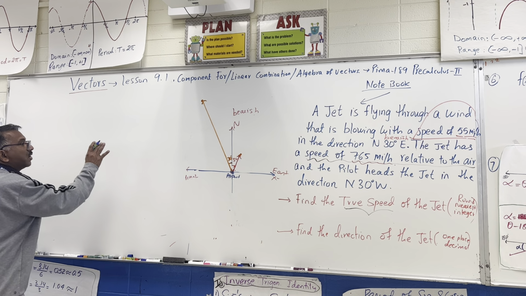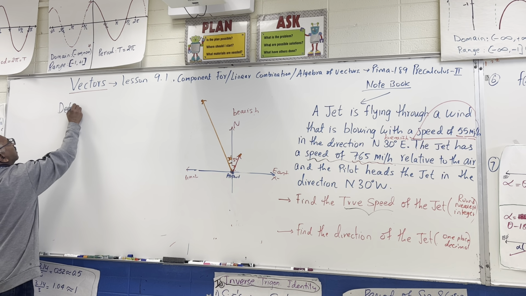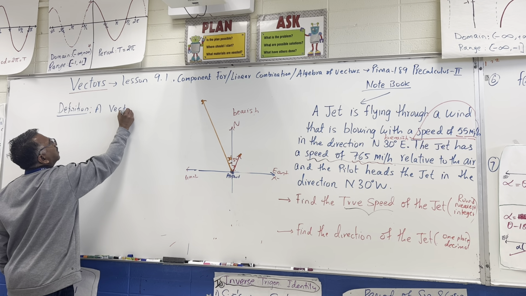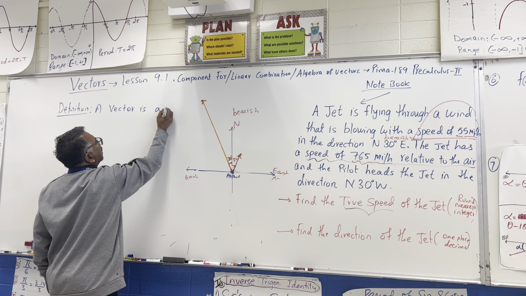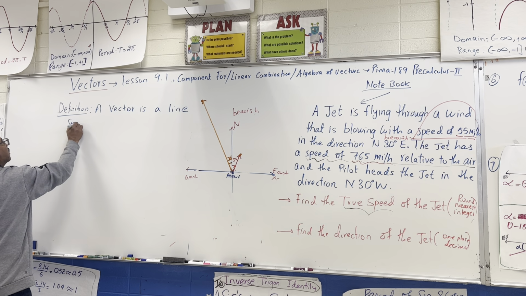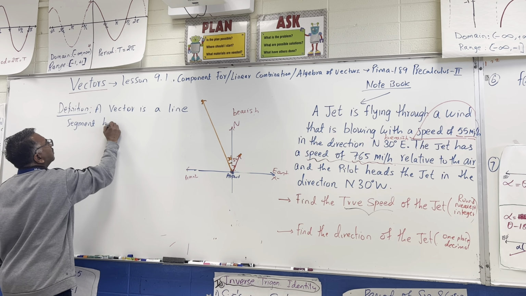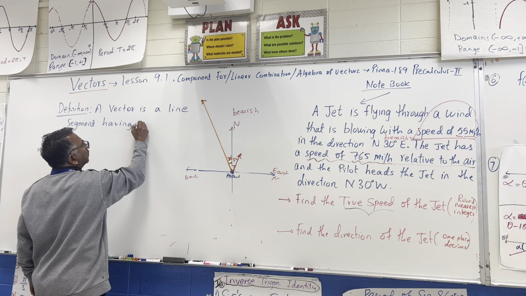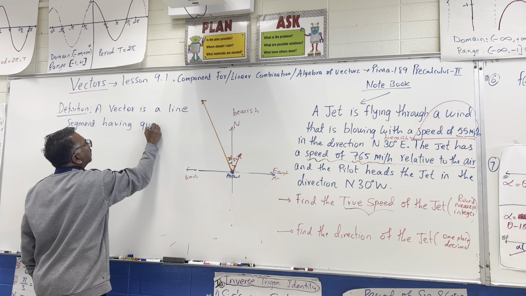So let's write that. As we are working on this, now in the notebook, can you write down the definition of a vector? What is a vector? So a vector is a line segment having magnitude or length or distance or quantity.